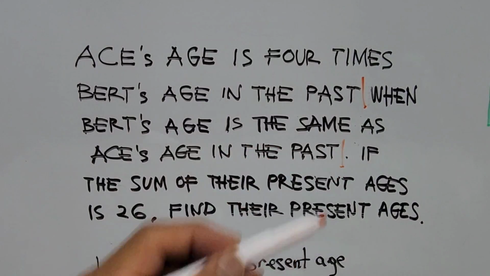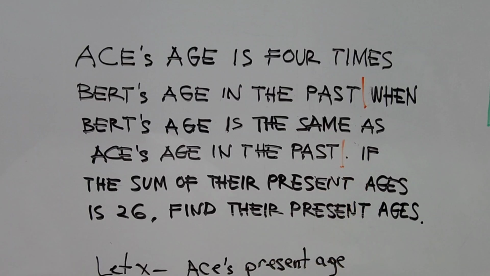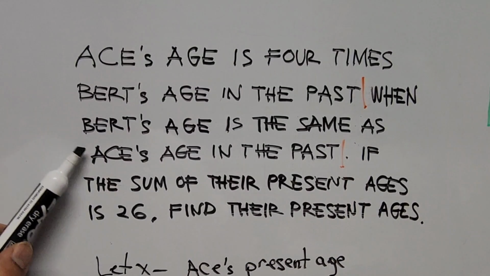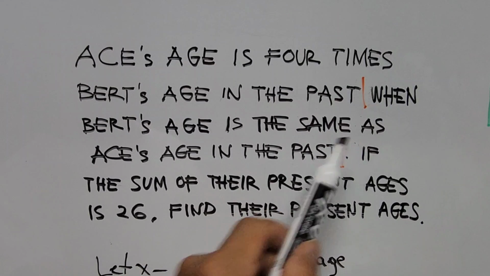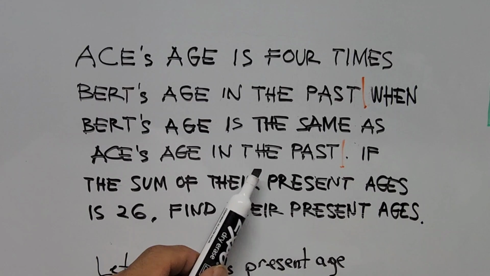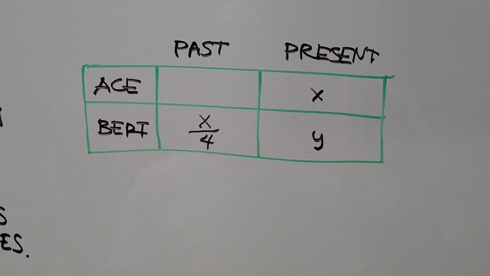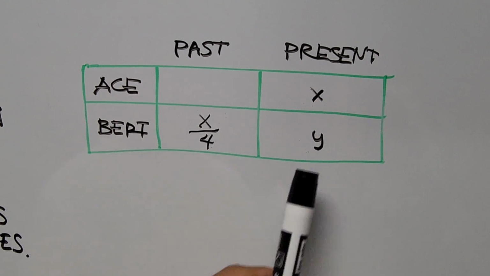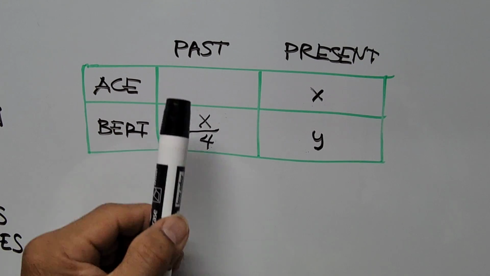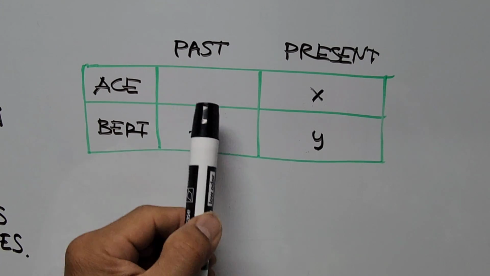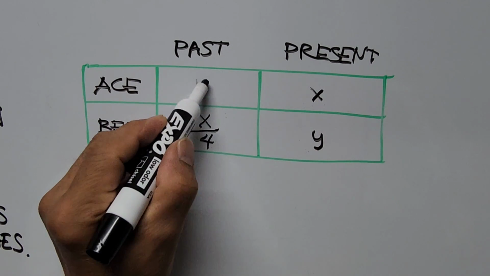It says here, Bert's age is, so the present age of Bert is the same as A's age in the past. So let's go back to our chart. Bert's present age compared to A's age in the past is the same. So that means A's age in the past is Y.